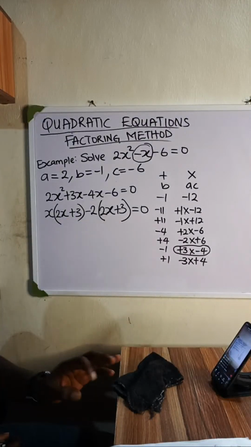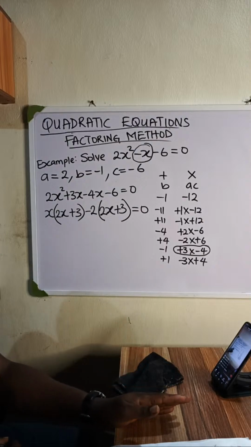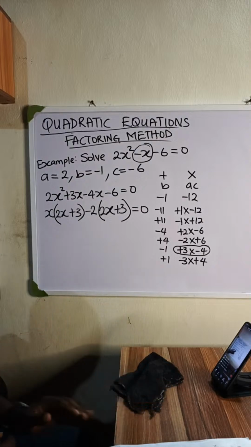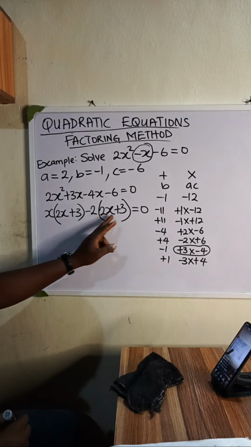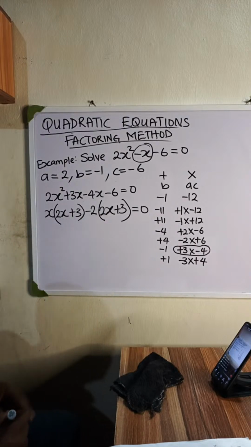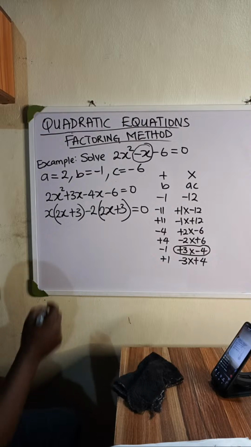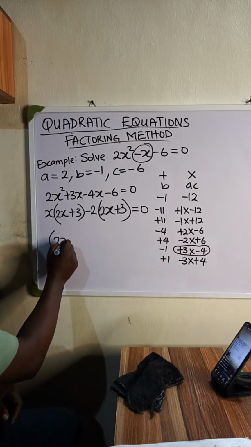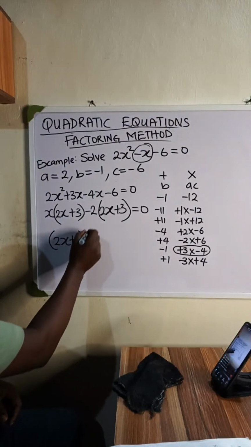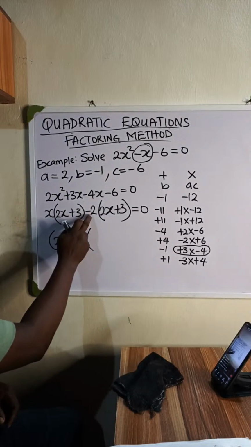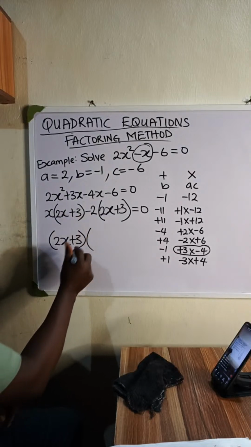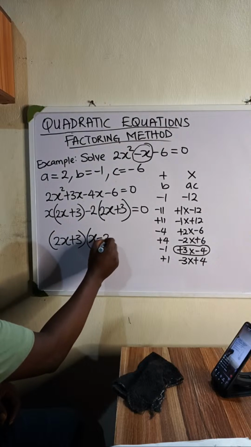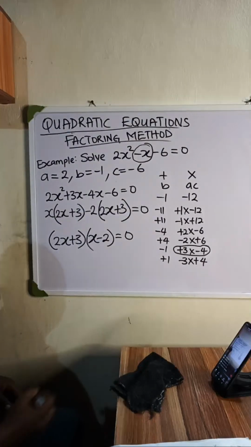If they are the same, then we know that we are on the right track. Next, pick one of these two brackets, so we have 2x plus 3, and then bring the two values outside the bracket together: x minus 2 is equal to 0.